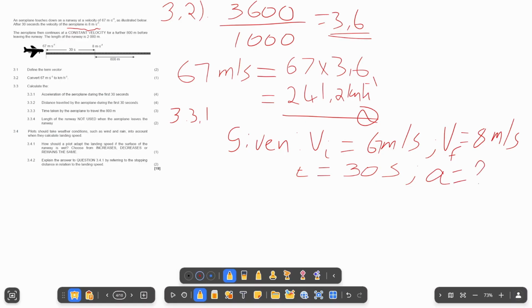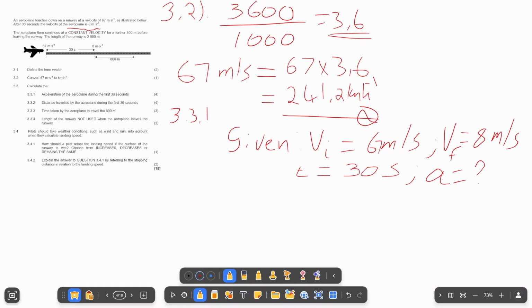Now, when you are looking for a formula in your formula sheet, you must look for an equation that has all the variables that we are given and the variable that we need to calculate. Only one variable, the one we need to calculate, must be unknown in that formula.